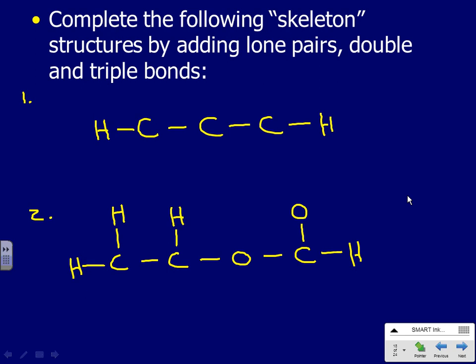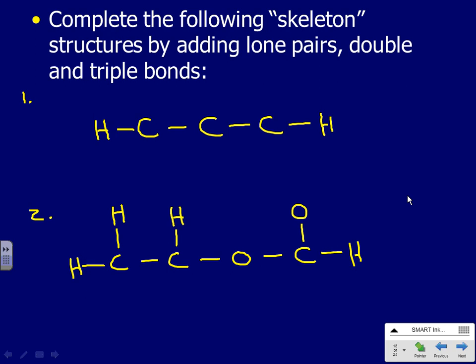Let's go through the first one just so that everybody knows what's happening. Does somebody have a suggestion on what I need to add so that all these atoms have their proper number of bonds and lone pairs? Yes, and you can only use them in this order. In actual fact, all I'm doing is either adding lines or dots such that all of my atoms look like they should.